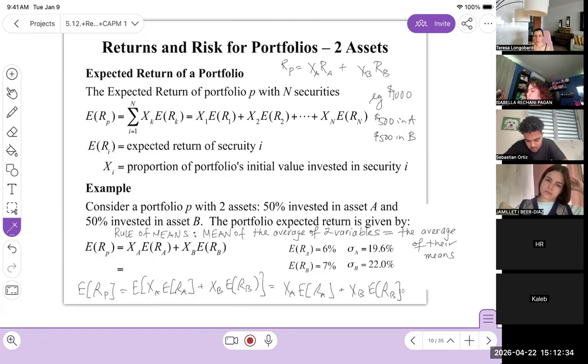That's what it's saying. In terms of returns, if you're investing and getting 6% for A or 7% for B, if you invest in both equally, then you're going to get 6.5%, the average, which makes sense.